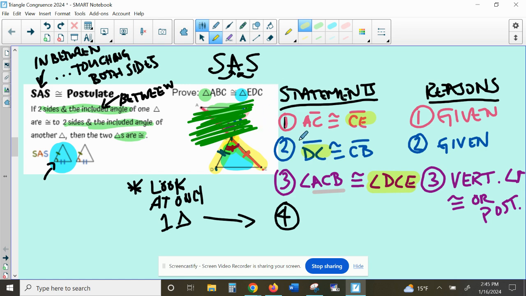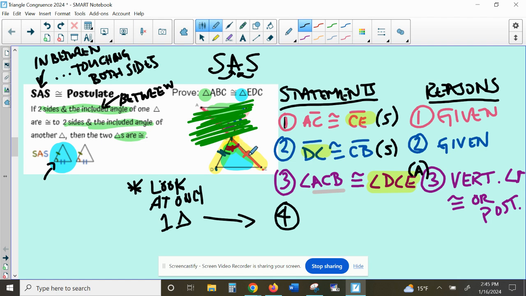Right? Now my question is, just like we did last time, this is a side, this is a side, and this one's an angle. Okay, now we just need to check to see if it is the angle where those 2 sides come together. So this side comes up here and that side comes up there, and they do come together to form this angle. So I do have side, angle, side.